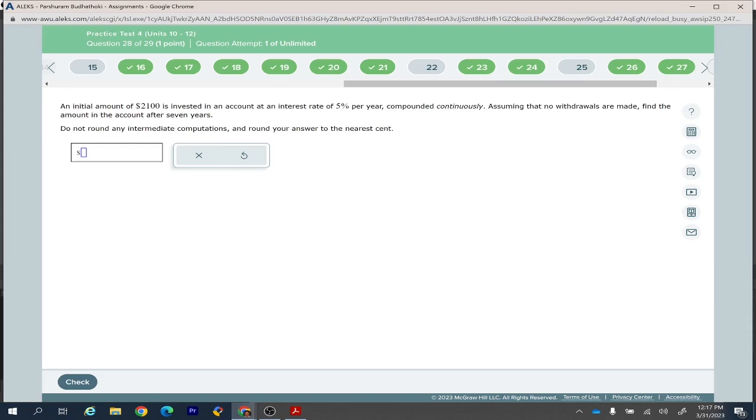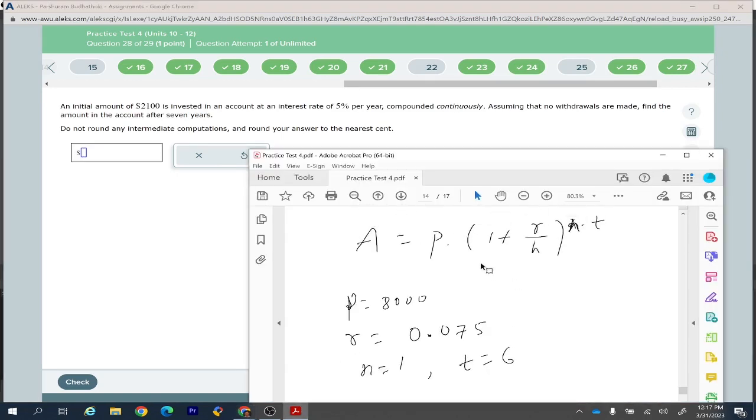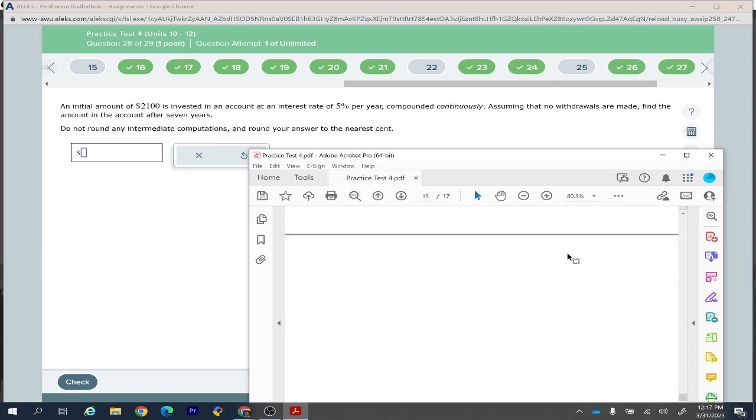An initial amount of 2,100 is invested in an account at an interest rate compounded continuously. So here, instead of using compounded n times a year, we need to use compounded continuously, which is A equals P times e to the power r times t. The initial amount P is given, rate is given, and time is 7 years.